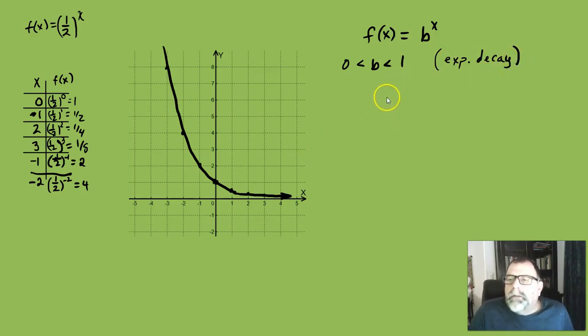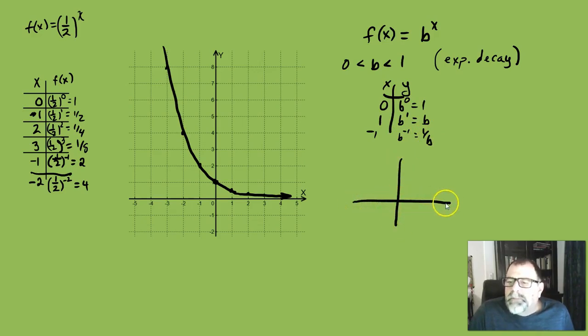So you're going to do the 0, 1, and -1. B to the 0 is 1. B to the first is B. B to the -1 is the reciprocal of B. But what you've got to remember now is that B is between 0 and 1. So B is going to be somewhere down here between 0 and 1.